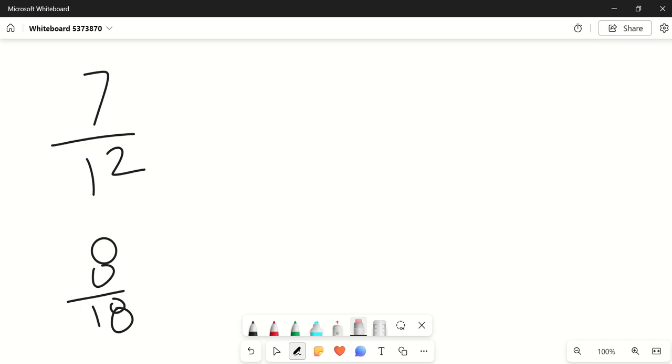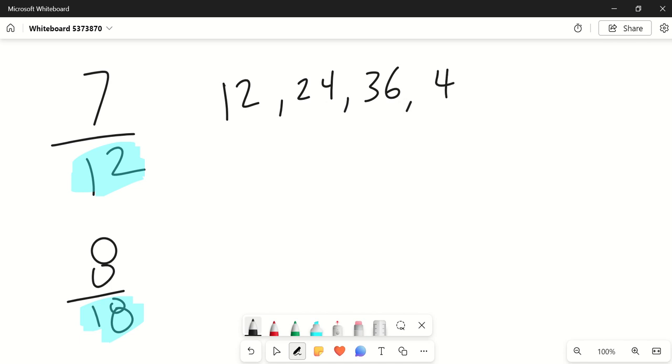The only thing I can do now is to get them to become bigger and upscale. The way I do that is I find multiples of both denominators. So I have 12 and 18 respectively. I'm going to count by 12s. 12, 24, 36, 48, 60, and so on. I don't know my multiples of 18 right off the bat, so I'm going to use my calculator on my phone to do this.